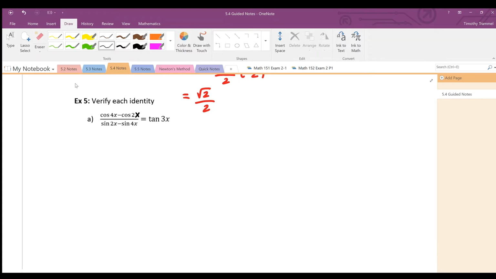I like the idea of starting with the left-hand side here because I can see just by looking at it, we're going to be able to use our sum to product formulas, or in our case, we have a difference here, right? But we're going to be able to turn these into a product. Maybe we'll be able to get some stuff to cancel and hopefully end up with tangent of 3x here.